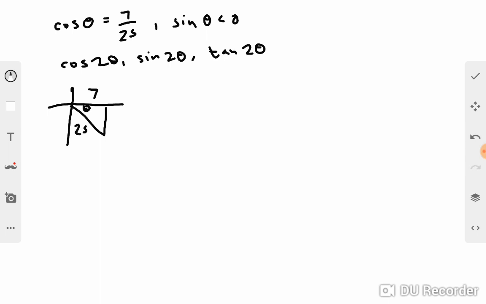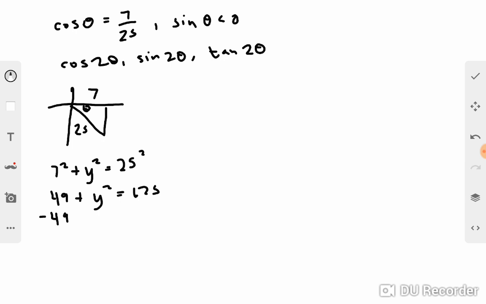7 over 25. Okay, and then we're going to use the Pythagorean theorem to find the missing side, which would be our y. So we're going to have 7 squared plus y squared is equal to 25 squared. And you work that out, you get 49 plus y squared is equal to 625.